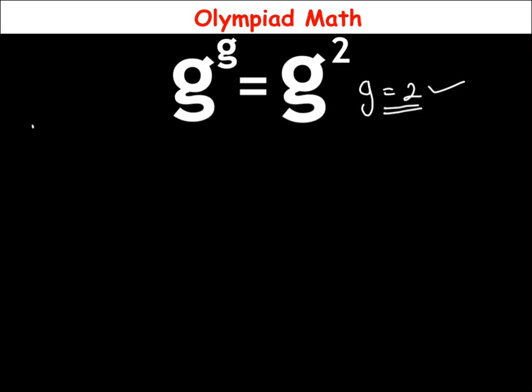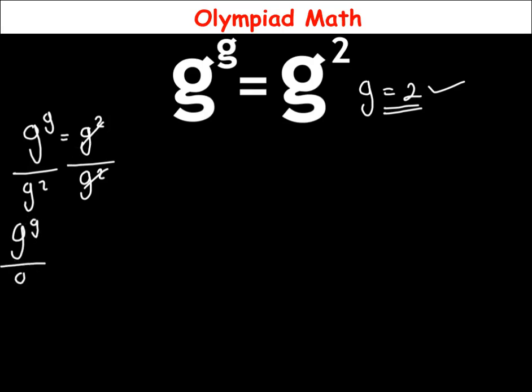So we have g to the power of g is equal to g to the power of 2. First, let's divide both sides by g to the power of 2. So g to the power of g over g to the power of 2 is equal to 1.